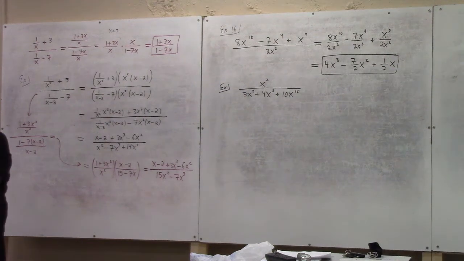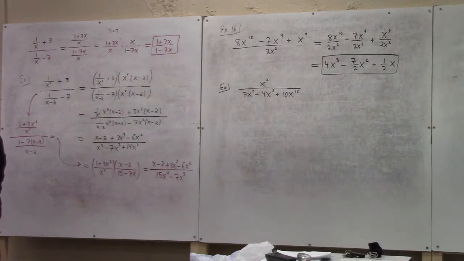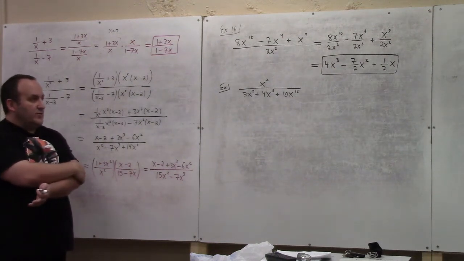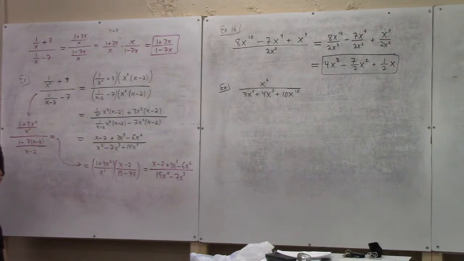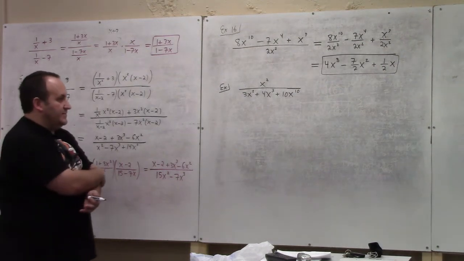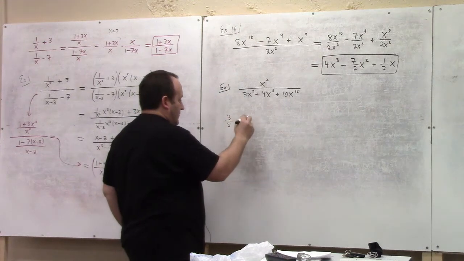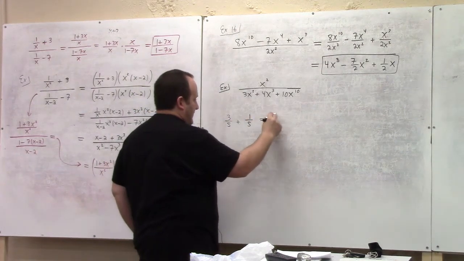Can I break the sum? The answer is no, because the sum is in the denominator, and no property of algebra allows me to break up sums in denominators like that. There's a big difference between the sum or the difference being in the numerator versus the denominator. 3/5 plus 1/5 is 4/5, right?